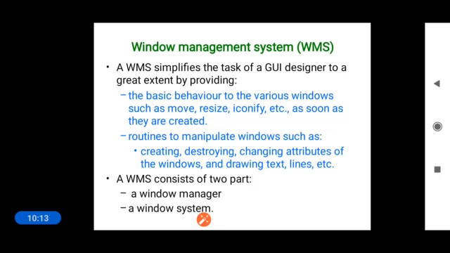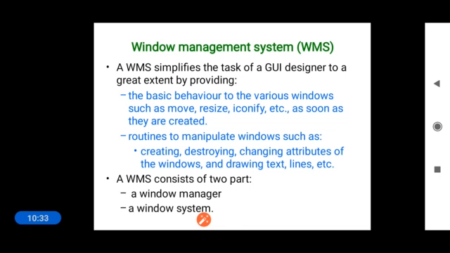At the same time, it is providing some routines to manipulate windows, such as creating the window, destroying it, changing the attributes. Changing the attributes means maximizing, minimizing, or changing the font size, color, foreground color, background color, and so on.